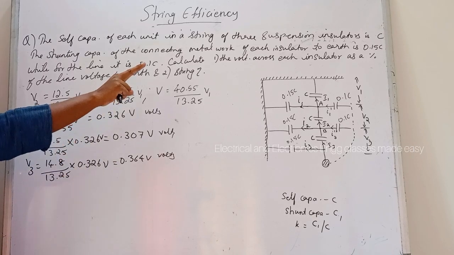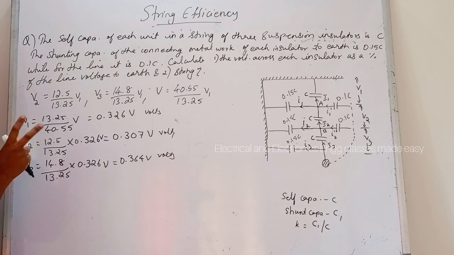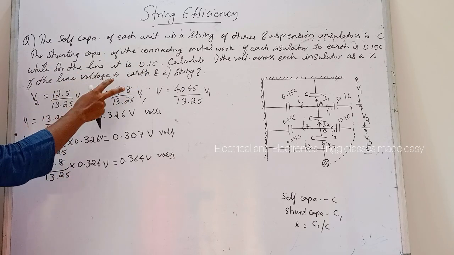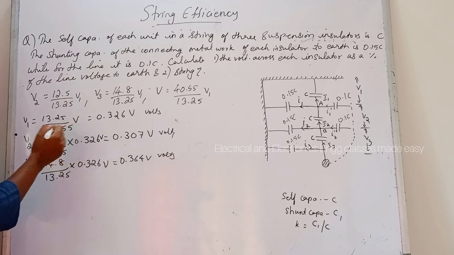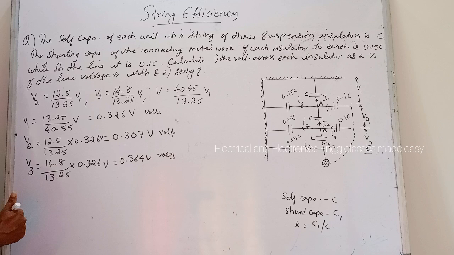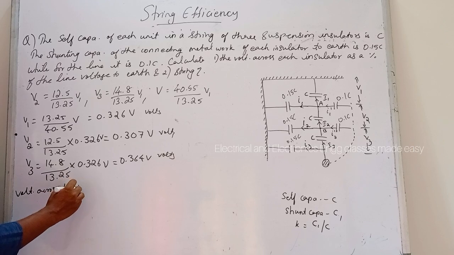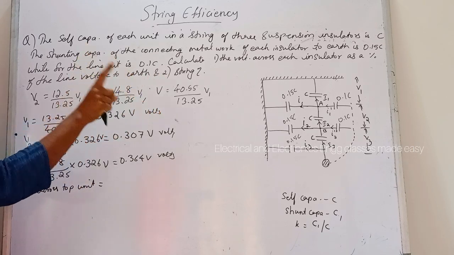Then we can find the voltage across each insulator as a percentage of the line voltage to earth. So line voltage to earth means it is V. So we can find the percentage of voltage. So from the top unit, that is voltage across the top unit, that voltage is V1.